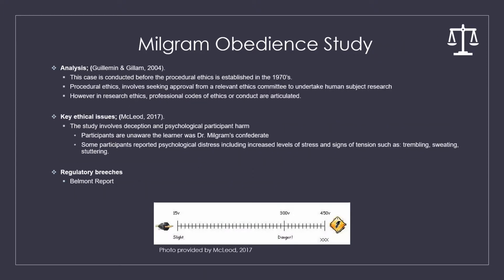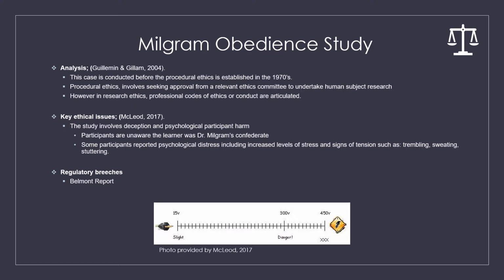In analyzing Milgram's obedience study, you can see that this case was conducted before procedural ethics was established in the 1970s. Procedural ethics involves seeking approval from a relevant ethics committee to undertake human subject research. However, in research ethics, professional codes of ethics and conduct are articulated.